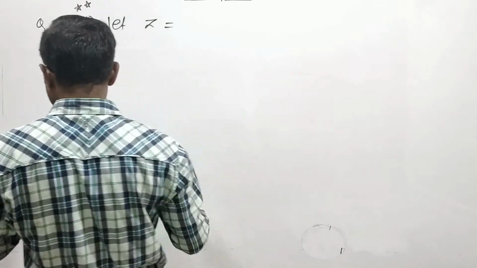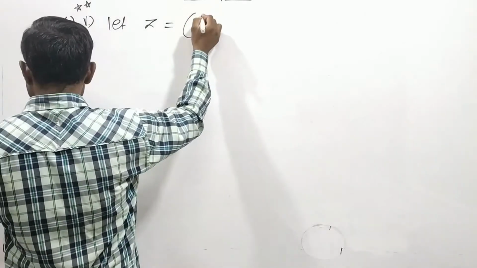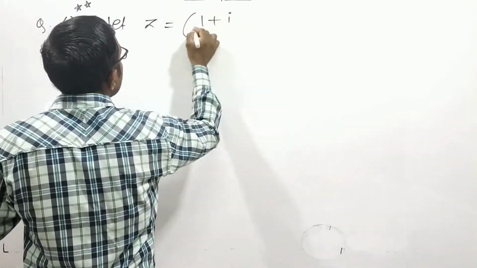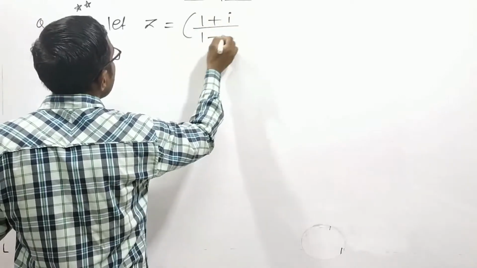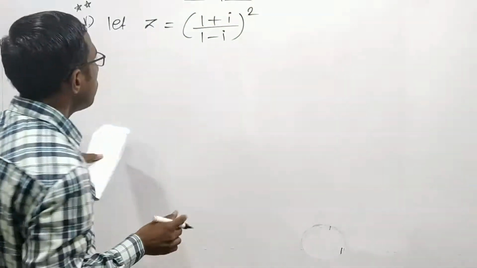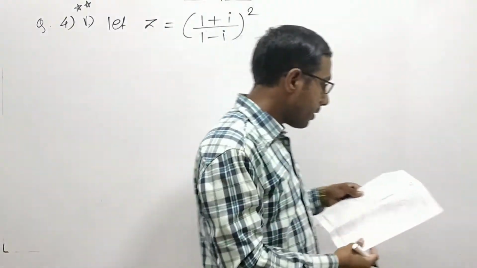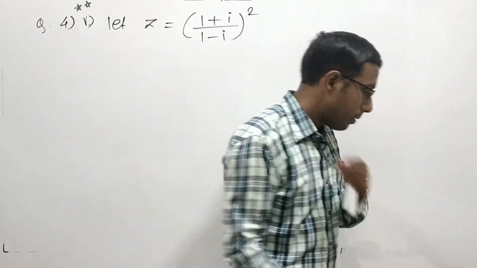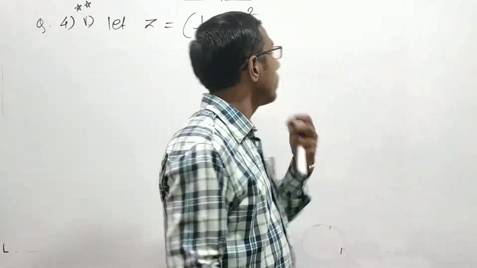It is (1 plus i) divided by (1 minus i) raised to 2. And the answer is minus 1 and 0.